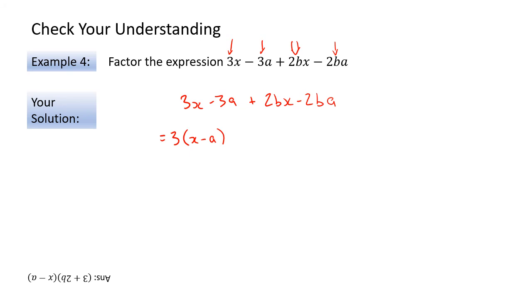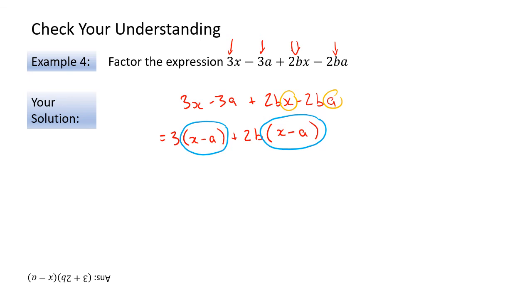And in the second grouping, I'm going to factor out both the 2 and the b, since they're in both terms. And if I do that, in my first term, I'm left with just x, and in the second term, I'm left with just a. So in this case, I now have x minus a in both terms, just like you saw in my first example.